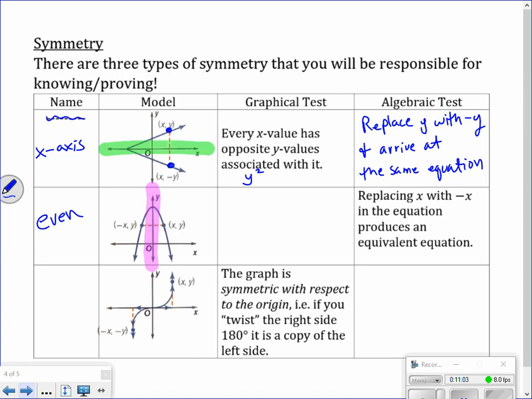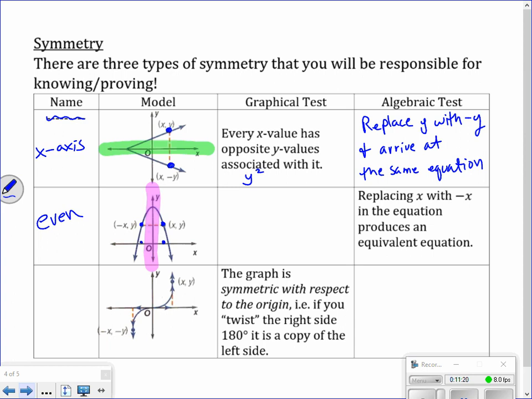And the graph test for it, so basically what happens is that every x value and its opposite have the same y value. So if you go over here to, let's say, 2, you're going to get to 4. If you go to negative 2, you also get 4.